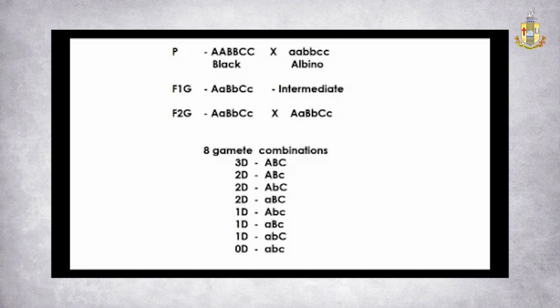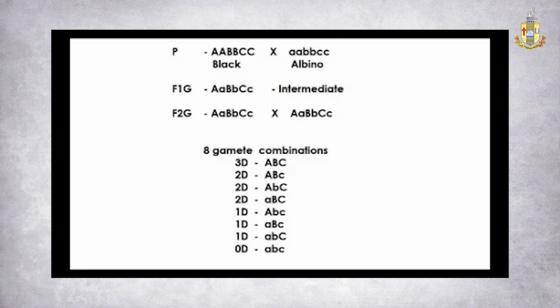If all genes are dominant, say for example capital A, capital B, capital C, the gamete produces more melanin so that the color would be black. If you cross the parents capital A, capital B, capital C, with small a, small b, small c, the individual produced would be of intermediate color.